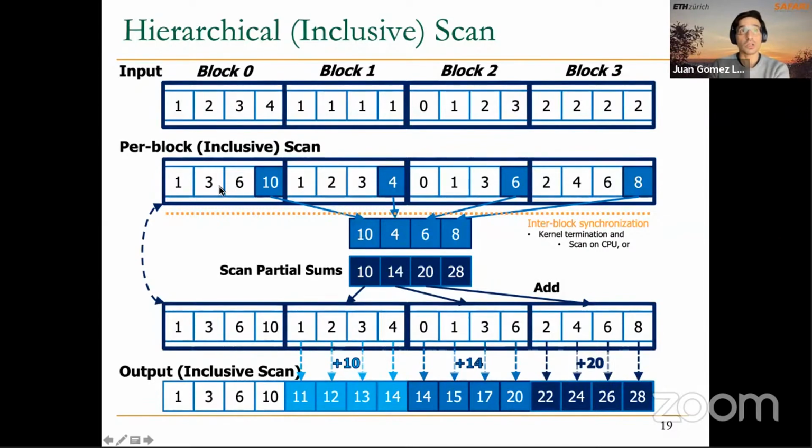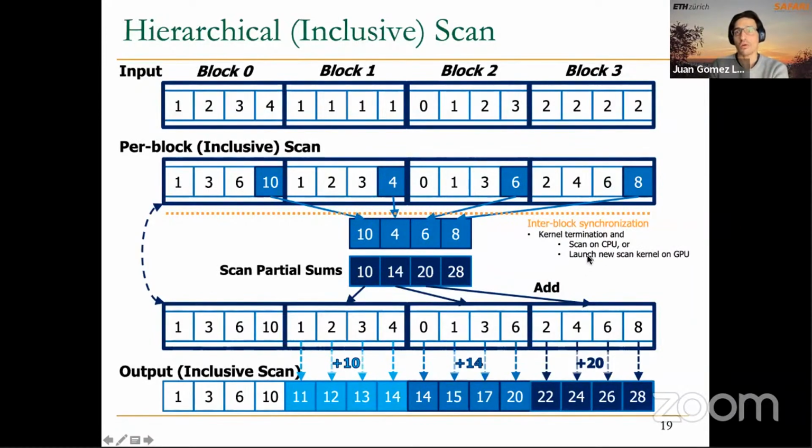So in the particular case of the scan, after the first kernel where we calculate the per block scan operation, we will have to terminate the kernel and then start maybe a new kernel for the scan of partial sums, or calculating this scan of partial sums on the CPU.